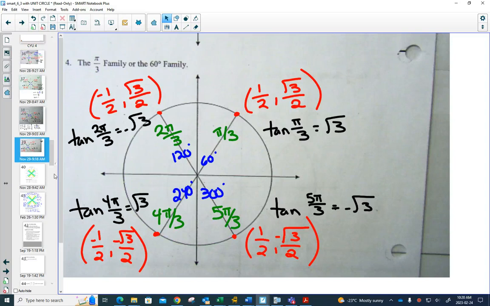And these are all the things on the unit circle that we have to know without our calculator. In other words, this whole thing has to be memorized, and we will have a quiz on it next week, Wednesday.